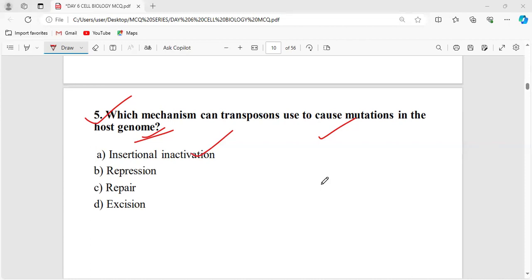How many types of transposons will be there? How many types of transposons can we see here? There are two different types of transposons. We can say DNA transposons and RNA transposons. The DNA transposons we call class 2 transposons.